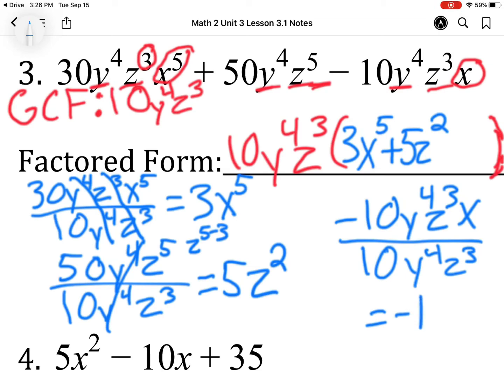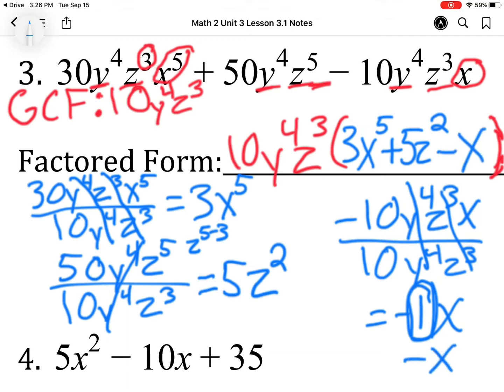You can put a 1 there if you need to. Y to the 4th divided by y to the 4th cancels out. Z to the 3rd divided by z to the 3rd cancels out. And you're left with x. You do not need this 1. You do, however, still need that negative. Because it's negative x, that's what goes in our answer for our factored form.